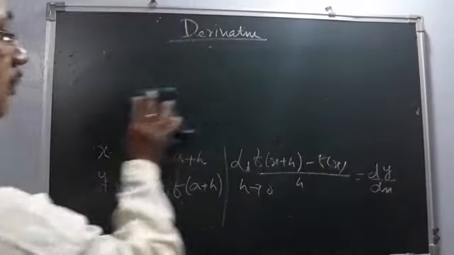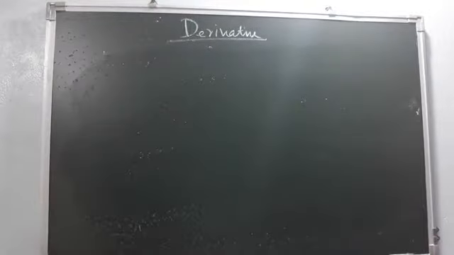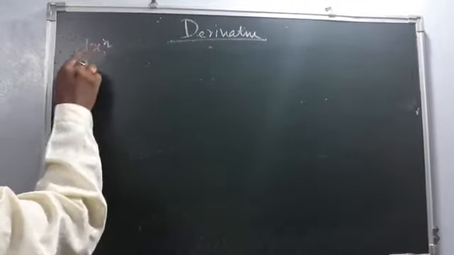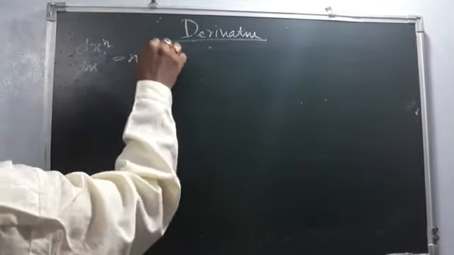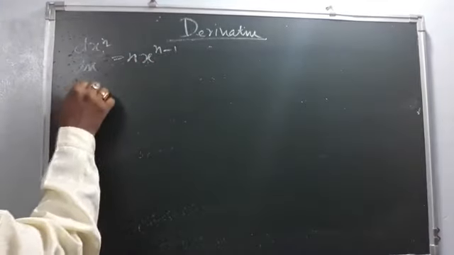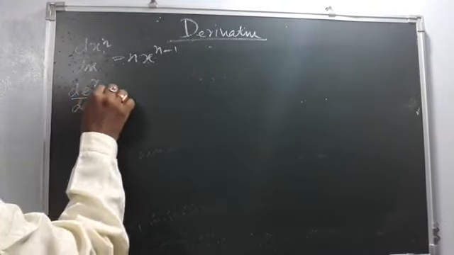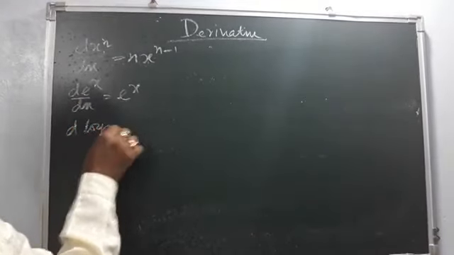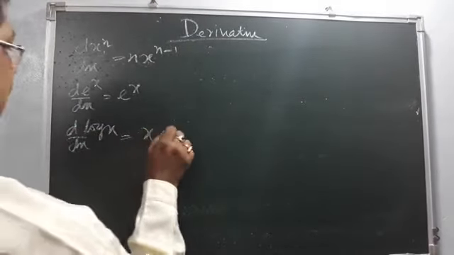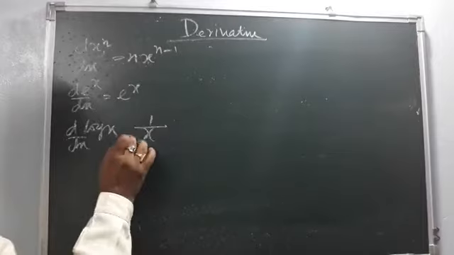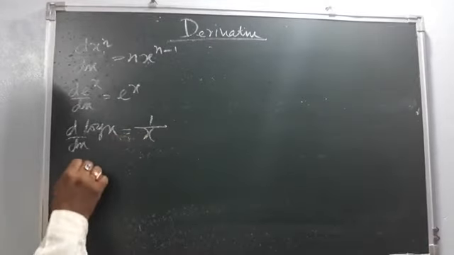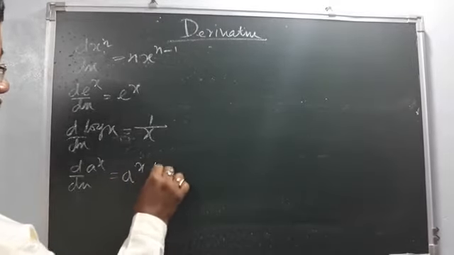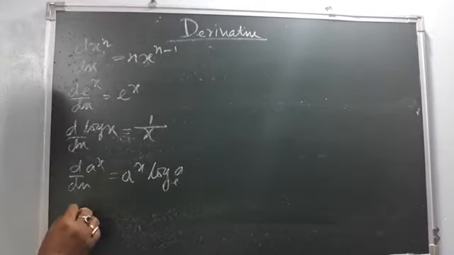Then we have to learn so many formulas. First, differentiation of x to the power n with respect to x is n x to the power n minus 1. Differentiation of e to the power x is e to the power x. Differentiation of log x with respect to x is, sorry, 1 by x. Differentiation of a to the power x is a to the power x log a, with base e.